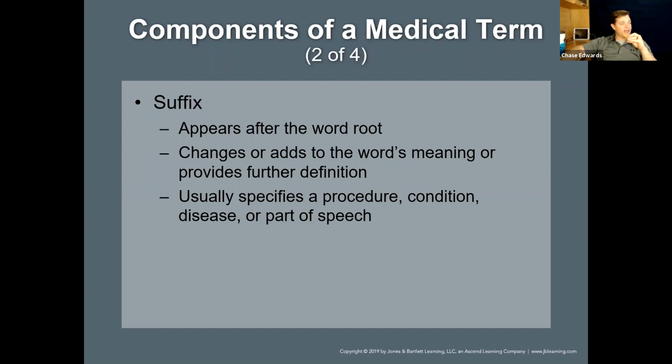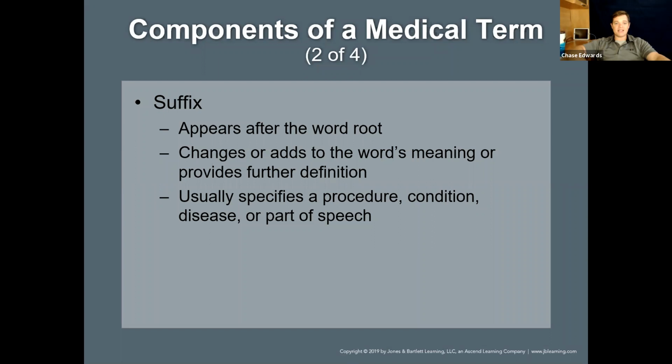All right. Next up, we have the suffix. So the suffix is the component added to the end of the word root, right? It changes or adds the word's meaning, provides further definition of the rest of the term. And in the medical terminology sense, a suffix is usually used to specify a procedure, a condition, a disease, or part of speech.